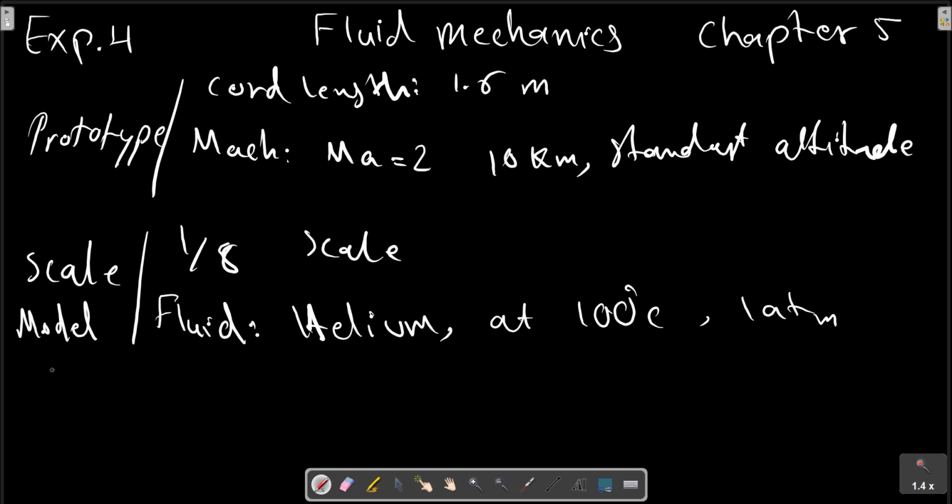So find the helium test section velocity V, in this case Vm for the model, because the helium is a model and the prototype is air.